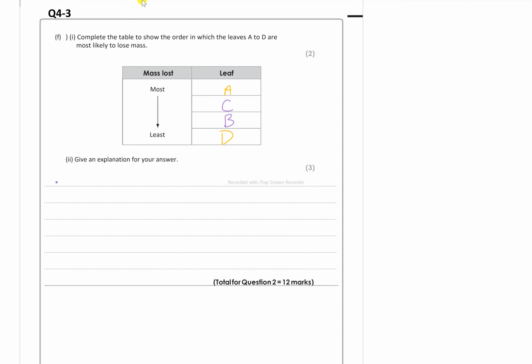So we can say there are more stomata on the bottom surface, right?